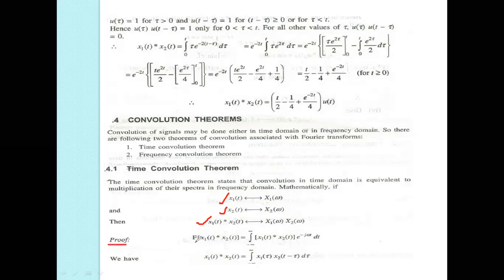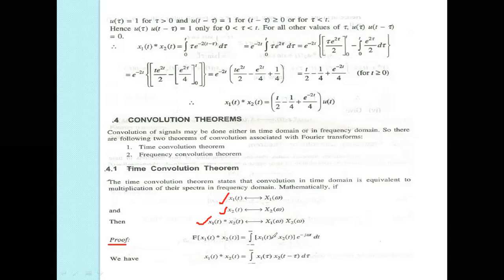Let's take the proof. Apply the Fourier transformation on both sides. The integral from minus infinity to infinity of x1 of t convolved with x2 of t, e power minus j omega t dt. Here the convolution is there, my dear students. We know the formula of the convolution of x1 of t and x2 of t is the integral from minus infinity to infinity of x1 of tau and x2 of t minus tau d tau.